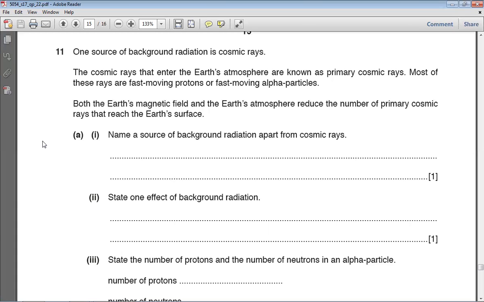The fuel which has been used, some of which is left, is supposed to be disposed of somewhere safely, but it gives out radiation because it is radioactive. That fuel waste from the nuclear reactor can also be the cause of background radiation. You only have to name one source here.